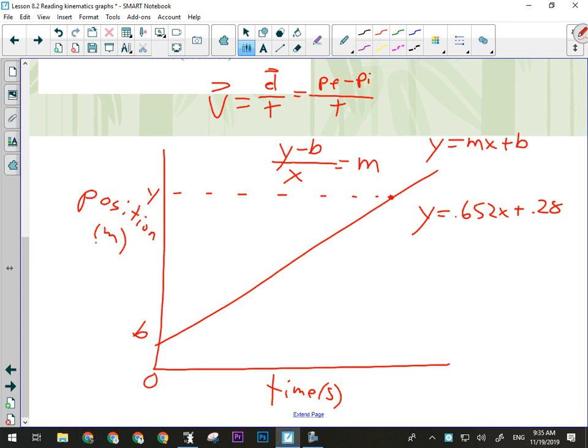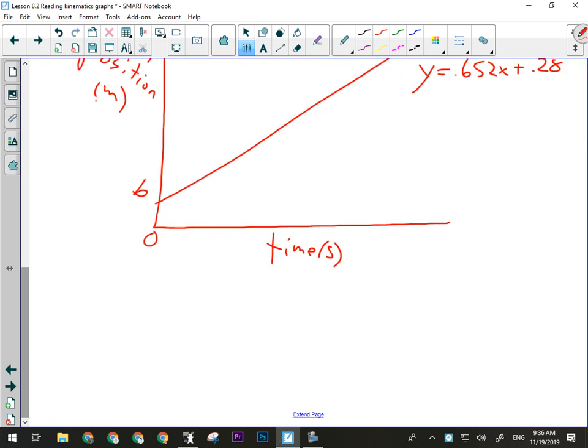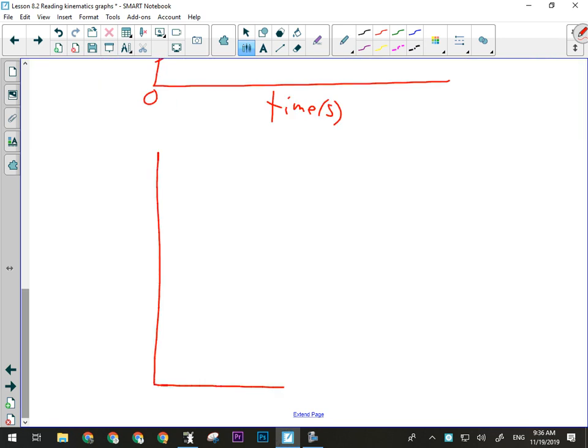So this is really final position minus initial position divided by time. It really represents velocity. But it takes into account all of the points on your graph, which makes it more accurate than just doing this. Taking that point and dividing by the total time only takes into account that point. And that's the mistake people make, because on our graph yesterday, our points probably went something like this.